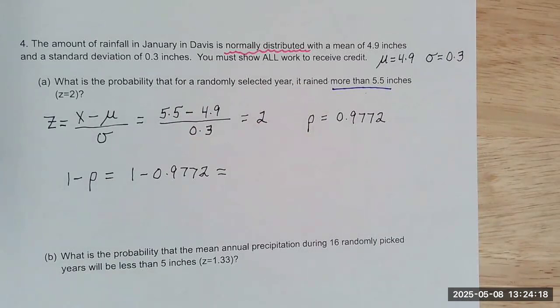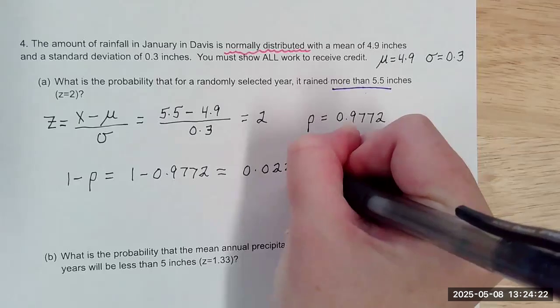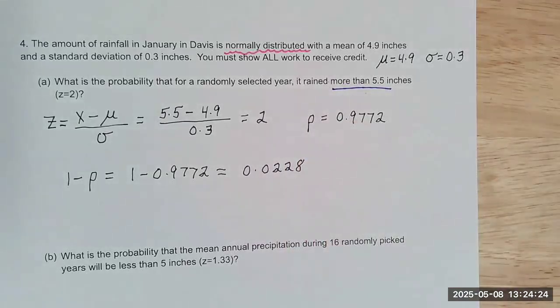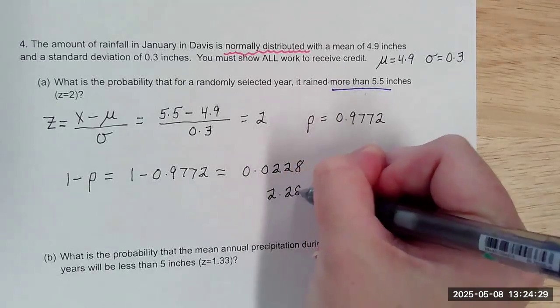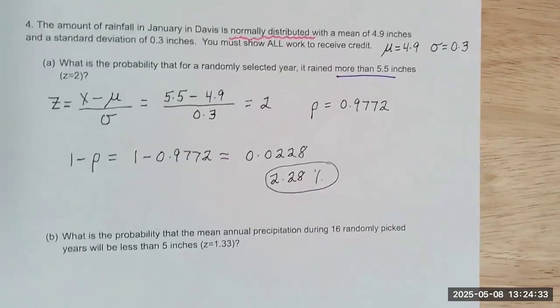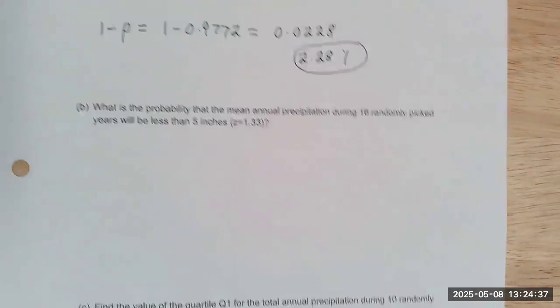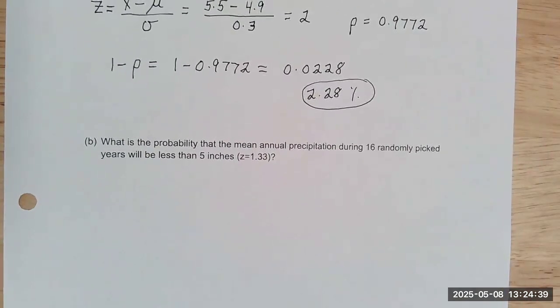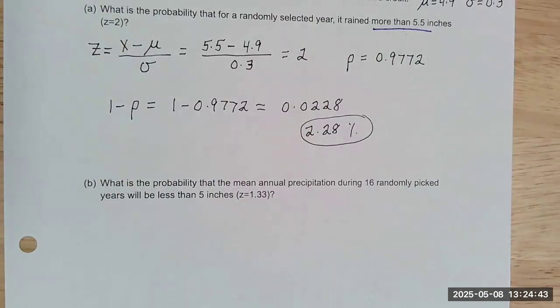And that comes out to be 0.0228 or 2.28%. I'm not going to write the full sentences just so I can finish. So it said, what's the probability that for a randomly selected year? So we just used our normal Z formula for that one.